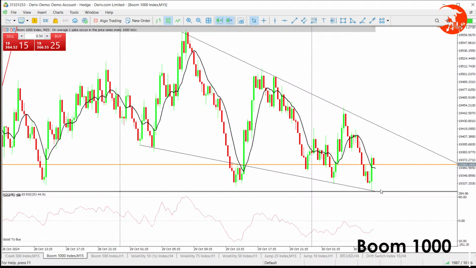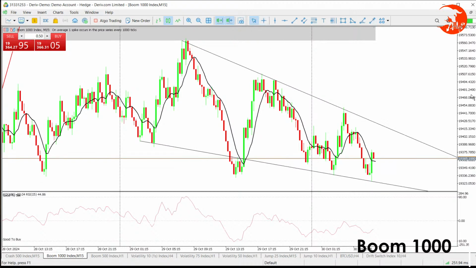Once the pullback is completed, you can either go in for the buys, but remember these buys are going to be short-lived, because you're looking at this move, only that. So the best option is to wait for the breakout on this other side of the trend.